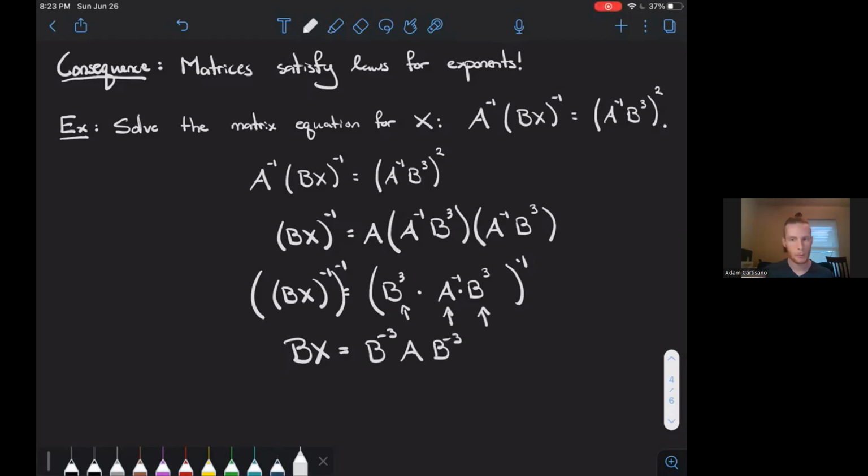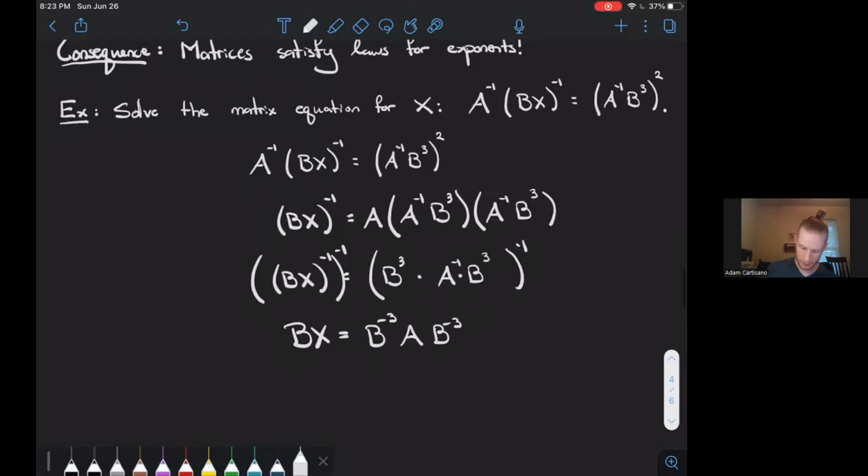Notice I worked backwards. I worked right to left, but I wrote them left to right. Because remember, taking the inverse switches the order of multiplication. Very, very important little subtlety that will definitely get you at some point, or at least it'll try. Last step, by the way, is to multiply both sides by b inverse on the left.